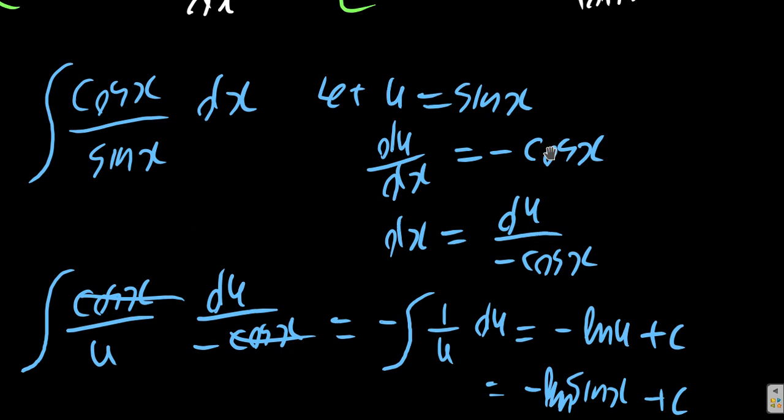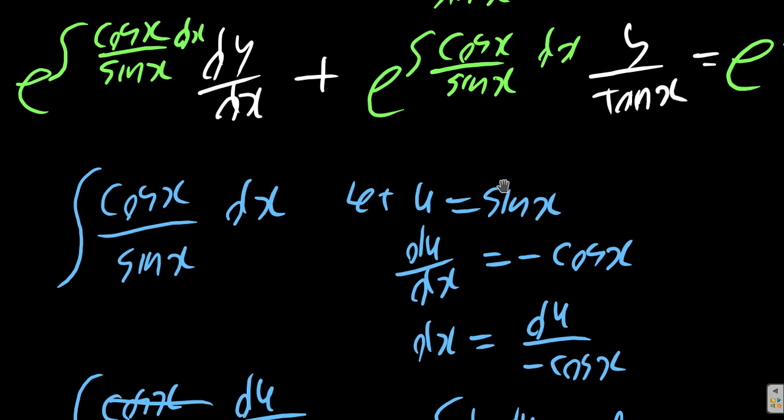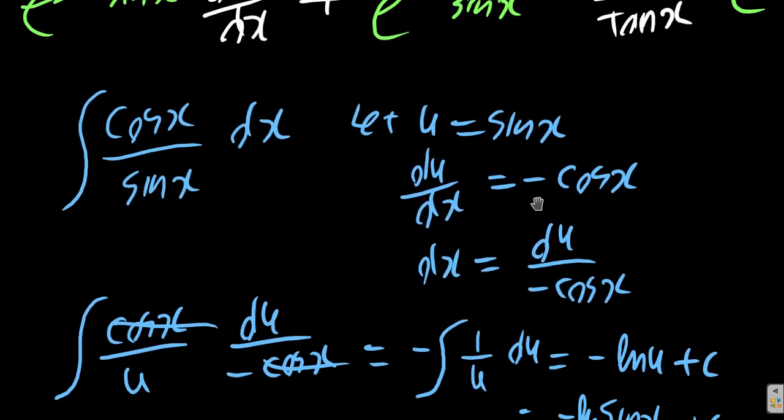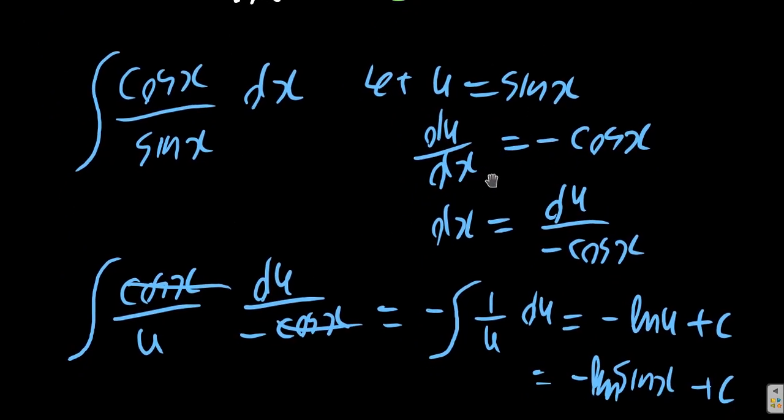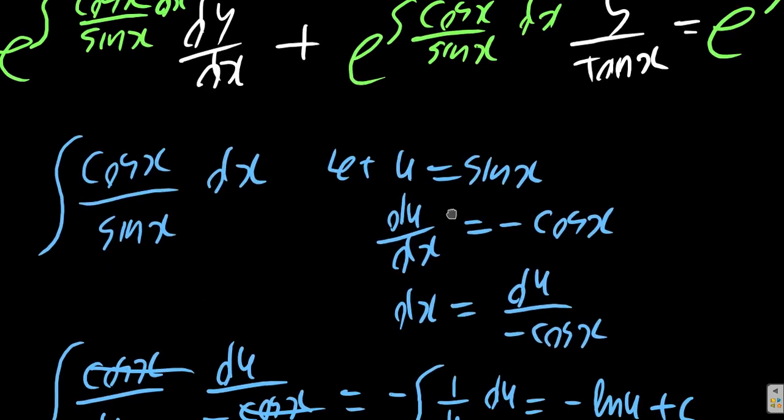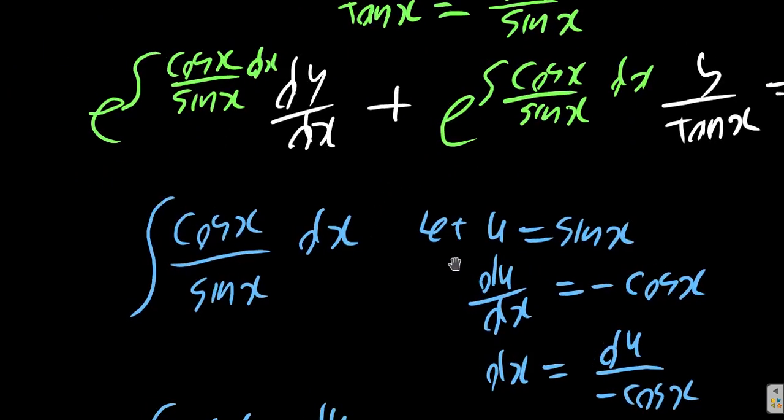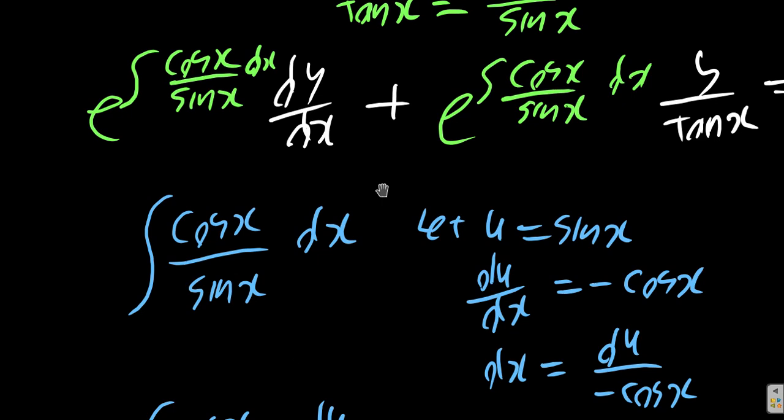Alright, so you have that. Now the thing is, let's see. This is e to the integral of cos x divided by sine x dx.